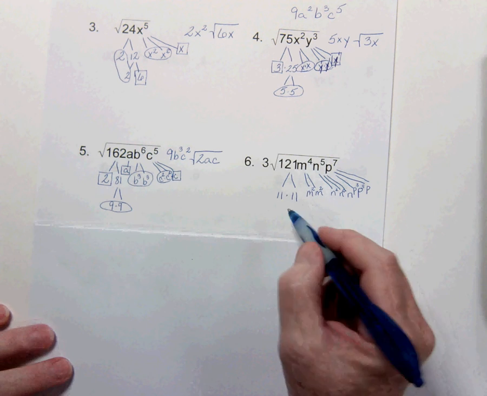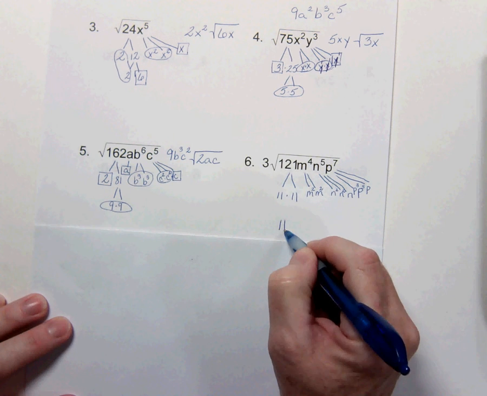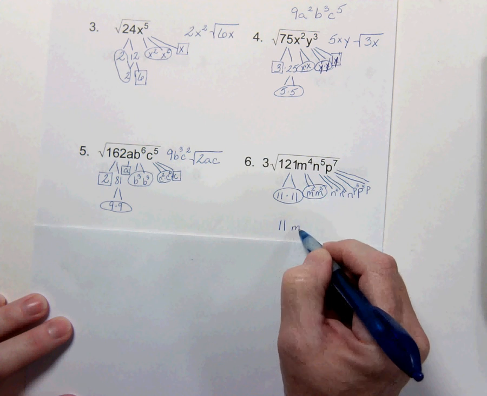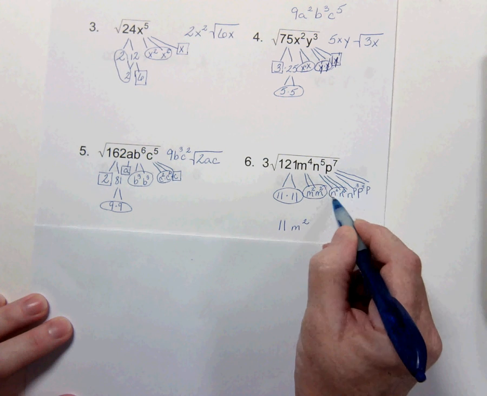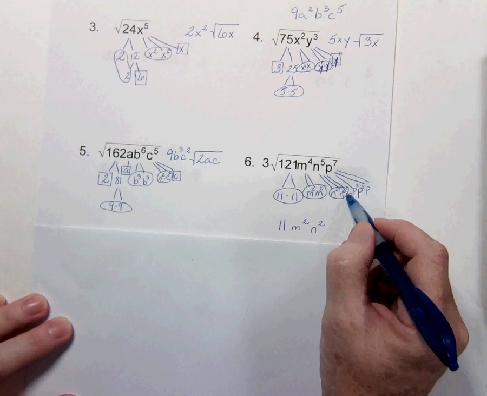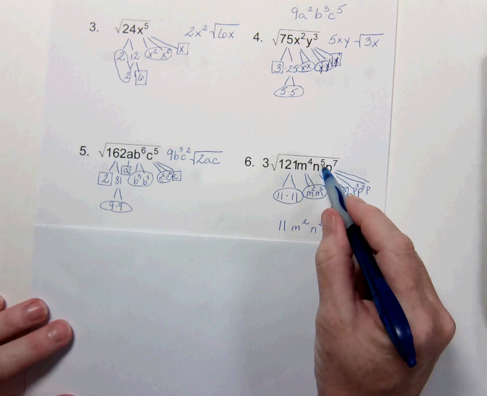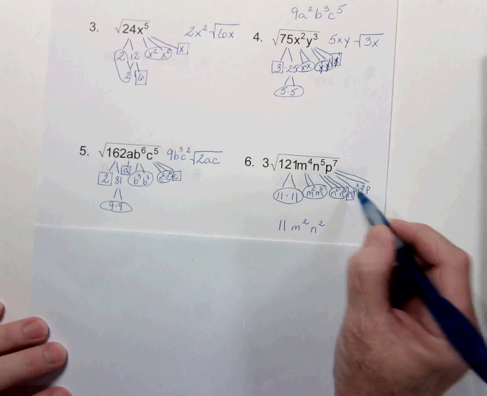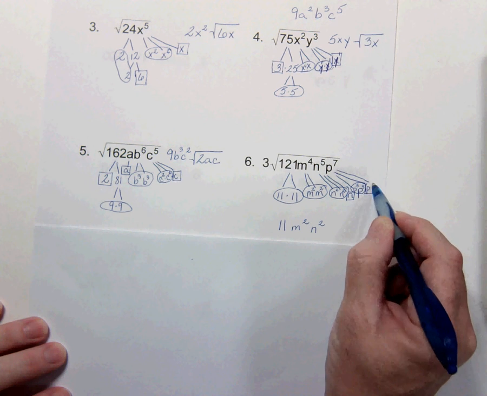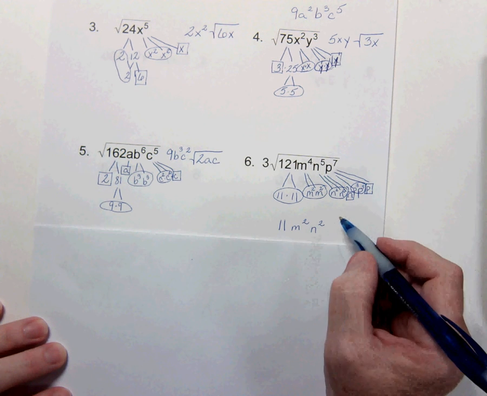Your answer is, I'm going to put it down here, 11, because that's a pair. You've got a pair of m's to make m squared. A pair of n's will get you into the 4, and n is into the 5, so here's your odd man out. You have a pair of p's into the 2, p to the 3. If you want to spread these a little further apart than I did, it might be helpful.